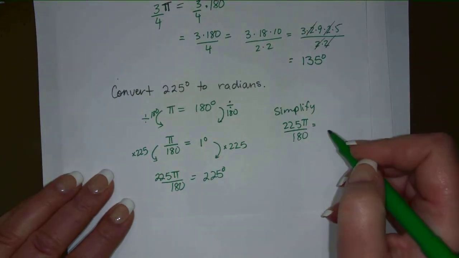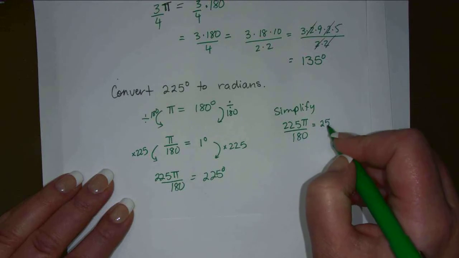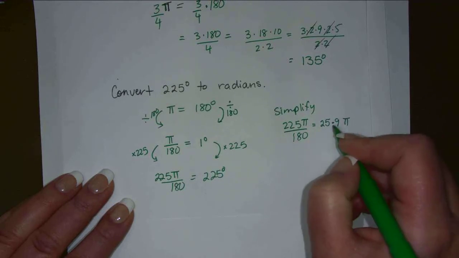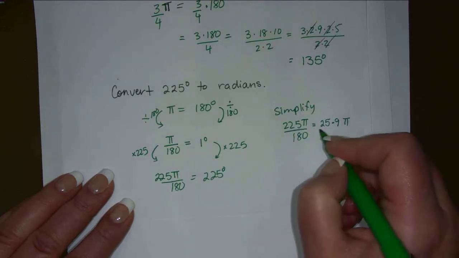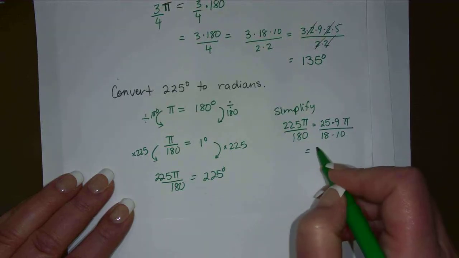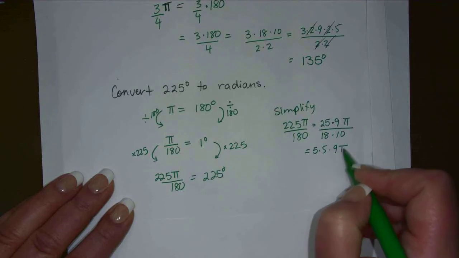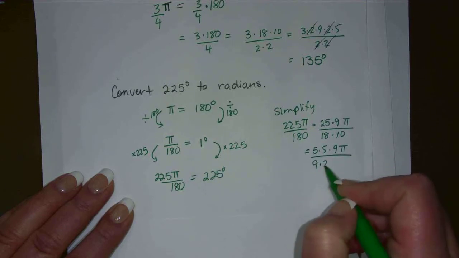225. It's 25 times what? Think of quarters. $2.25 is how many quarters? So 25 times 9, and we've got a pi. This is 18 times 10. 25 is 5 times 5. 9 times 2.